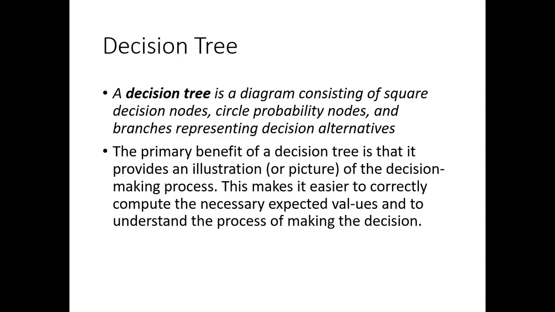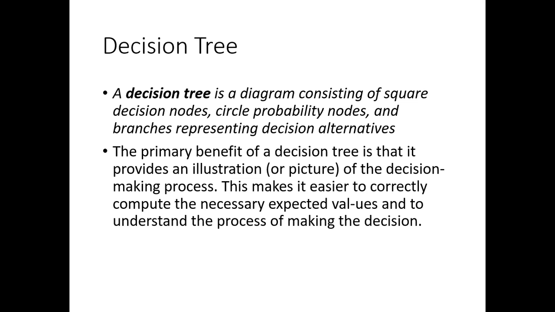Now the last thing to discuss for the day is the decision tree. As we saw in the first slide, a decision tree is the representation of the various alternatives in decision analysis. It consists of some shapes: squares, circles, branches. They all represent some aspect of the decision analysis or the problem.